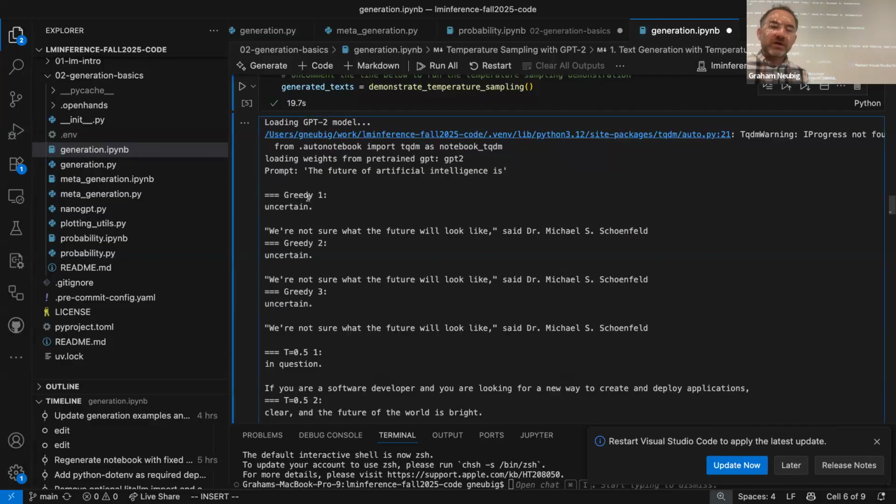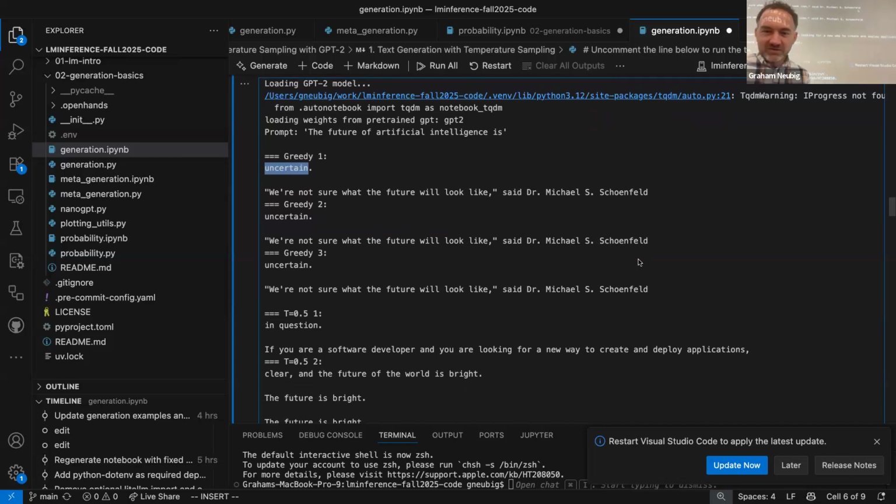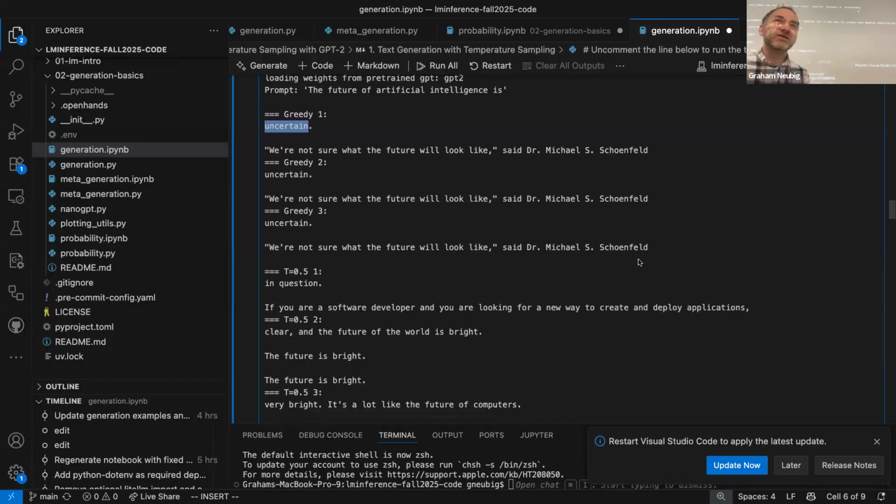If we look at greedy here, it gives us the same answer always. It says, "The future of artificial intelligence is uncertain. We're not sure what the future will look like," said Dr. Michael S. Schoenfeld, who I don't know if that's a real person or not, but given that this is greedy decoding, it's probably not going to be too creative.